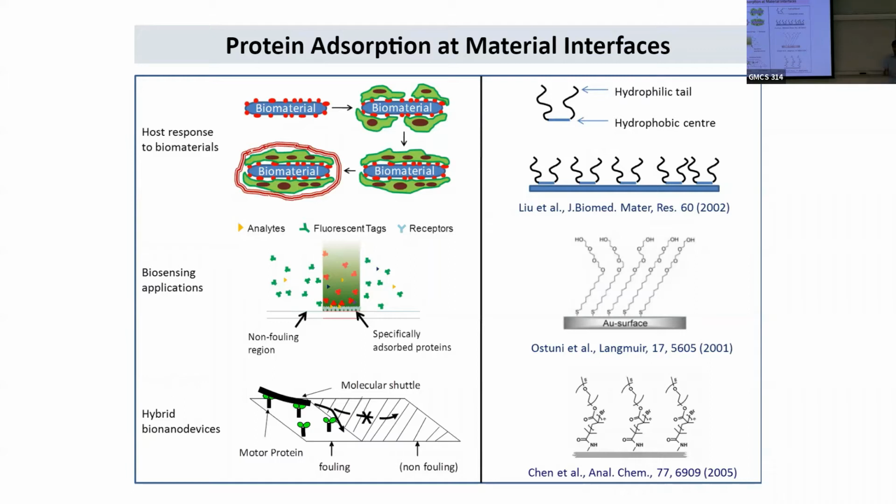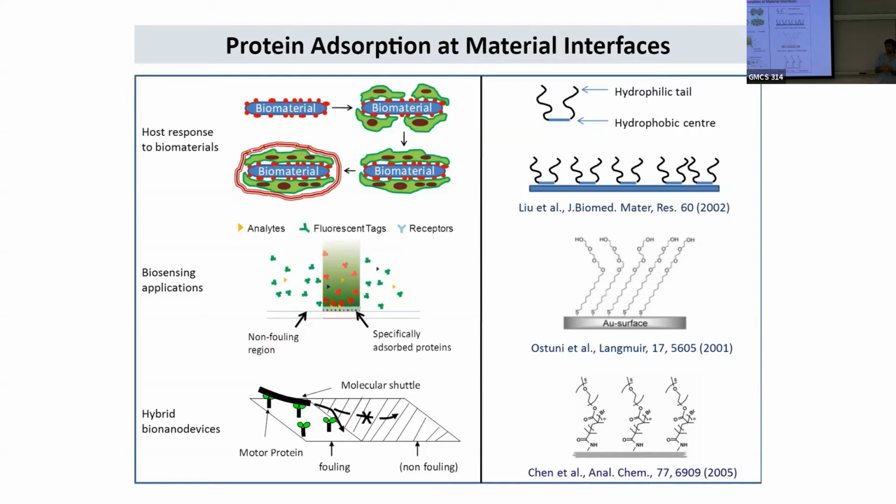You can also think of biomaterial implants. For example, you're going to stick a needle into the body, a catheter, a stent, whatever it is. You want to avoid protein sticking to that surface, or if you're not going to avoid it, you want very specific proteins to stick to the surface. Because depending on what proteins are on the surface, the cells around that object are going to react to it. If it's the wrong proteins or the proteins stick in a funny way, then the cells around it are going to think, oh, this is a foreign body.